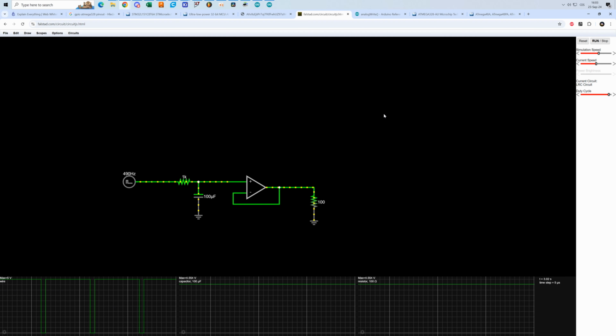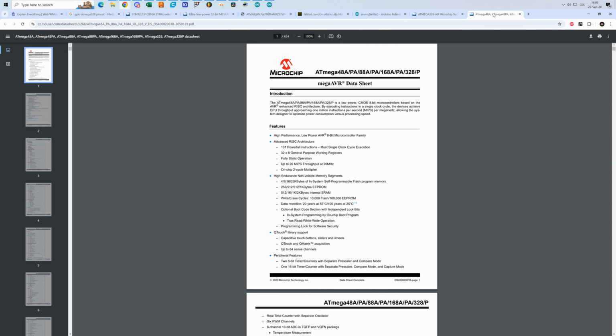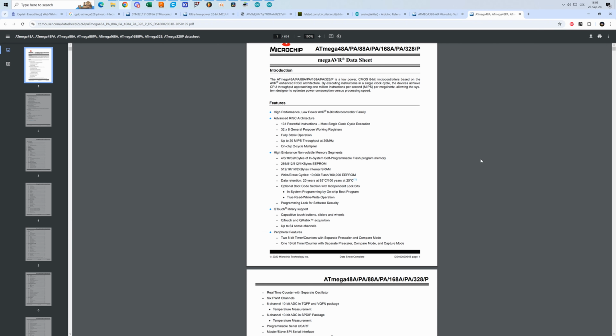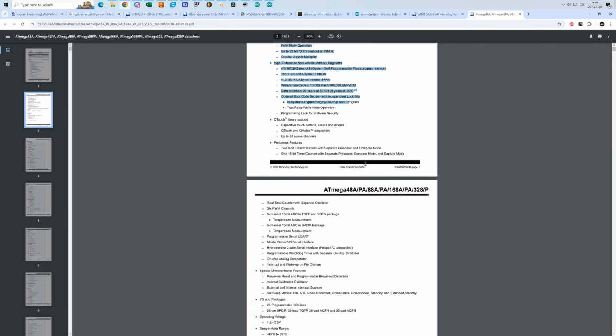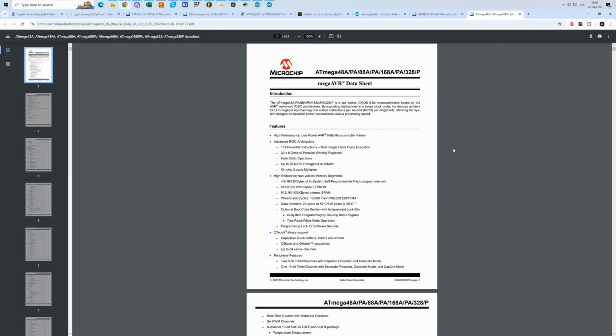And by the way, you can tell immediately if a microprocessor has an ADC or DAC just by looking at the datasheet. If the chip has an ADC or DAC, it's going to be written right on the first or second page of the datasheet.